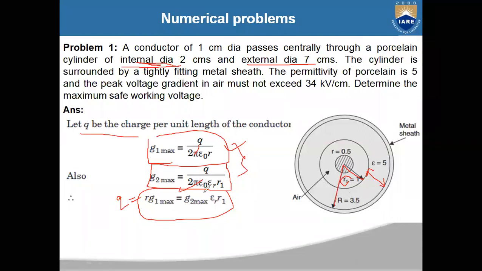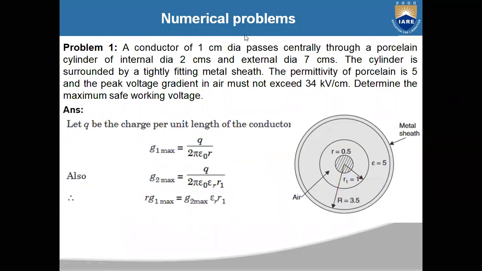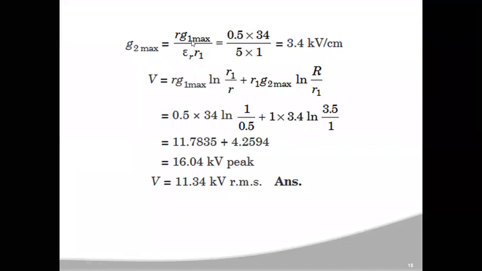Now you know all the other parameters, so you can calculate G2 max. G2 max is equal to r into G1 max by epsilon r into r1, so you will get 3.4 kilovolts per centimeter.